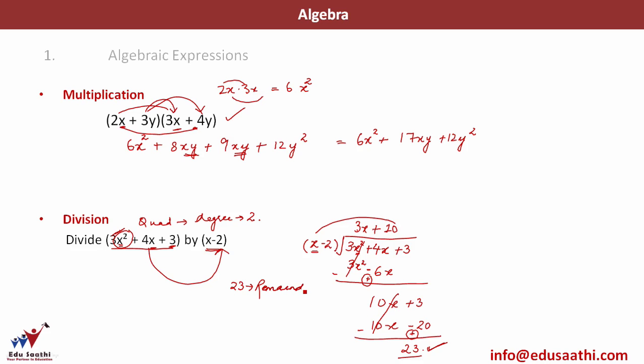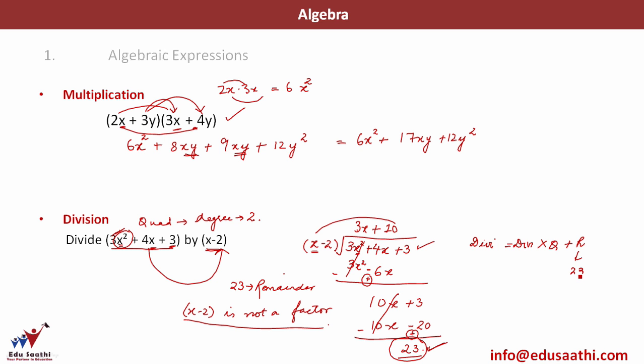So when you get a remainder, that means x minus 2 is not a factor of the given polynomial, because had it been a factor, I would have got a remainder of 0. But since I have a remainder, that means your dividend is equal to divisor into quotient plus remainder.